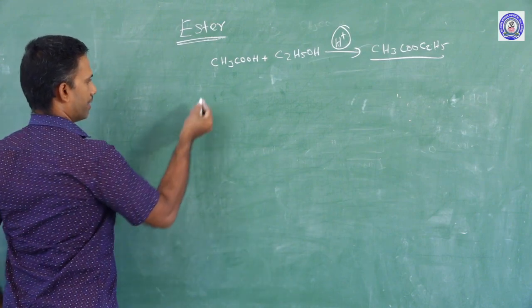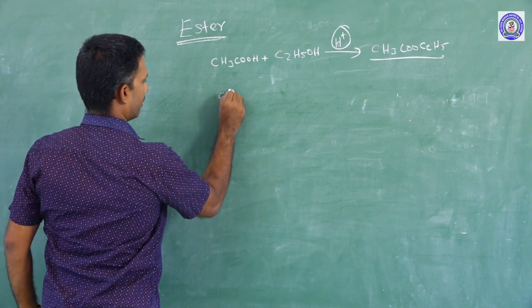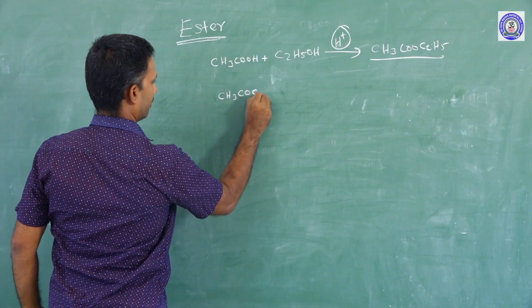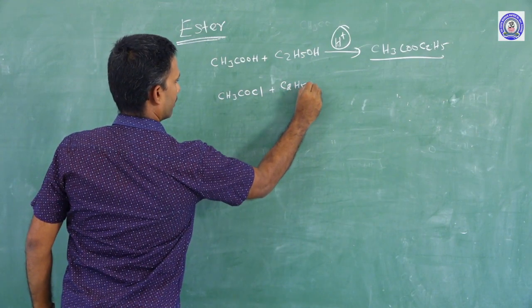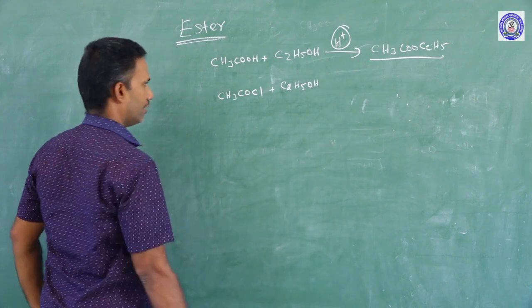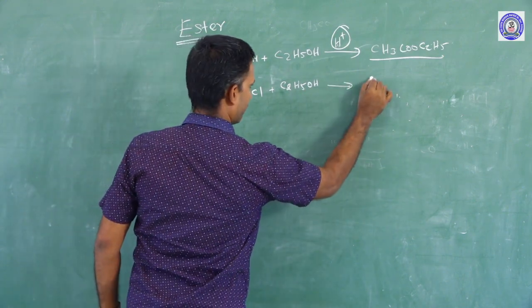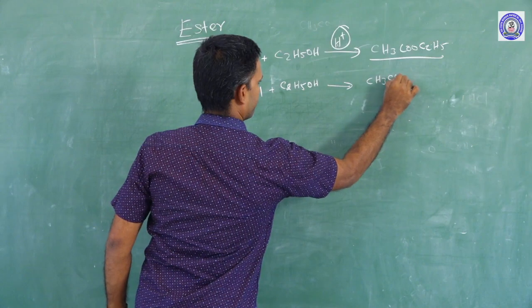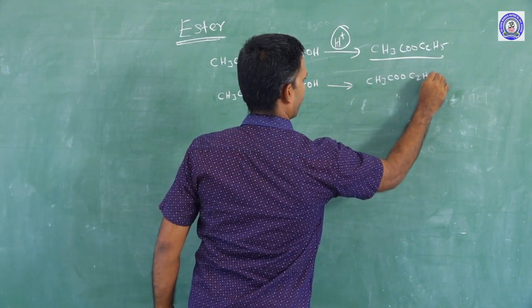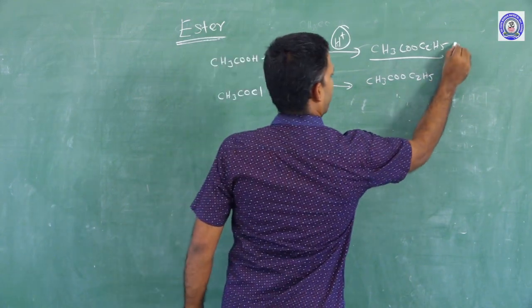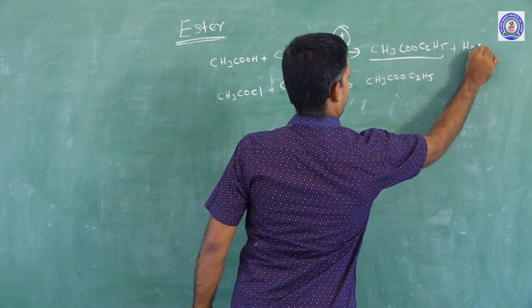Another way of preparing ester is from acid chloride with alcohol. Acid chloride and alcohol, you are getting the same ester. Here the byproduct is water in the first reaction.